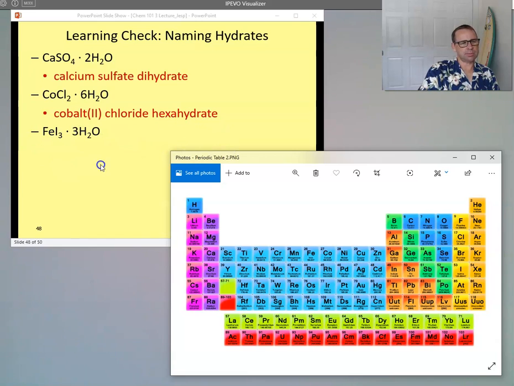All right. How about this last one? Iron. Very good. Instead of iodine, what? Iodide. Very good.